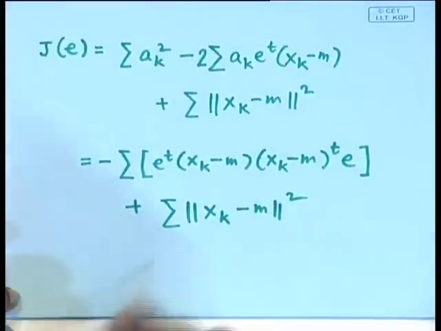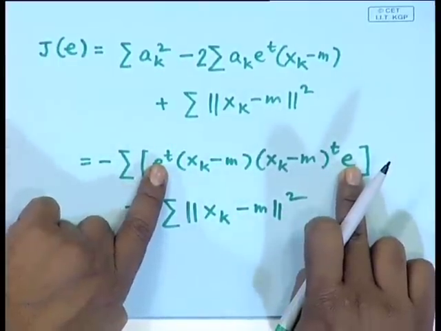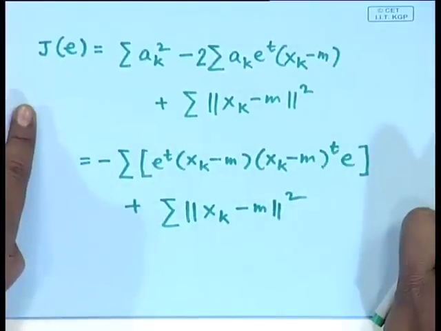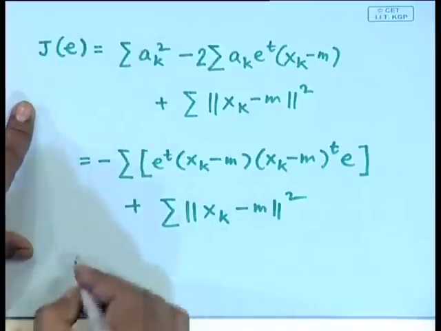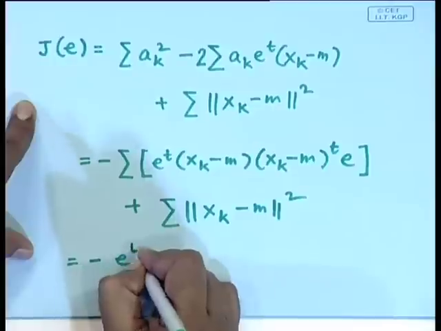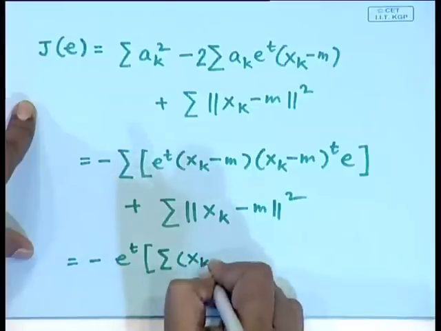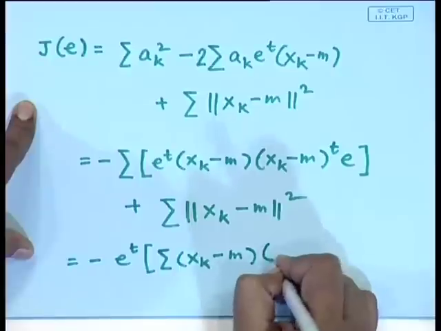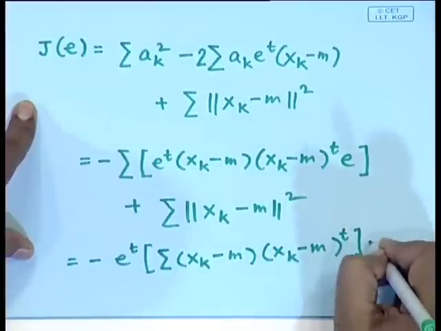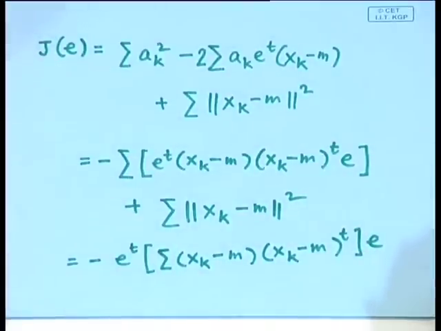Okay. Now, this E is independent of k. So, these E terms I can take out of the summation expression. So, I can write this as minus E transpose summation x k minus m into x k minus m transpose E, because E is independent of k.